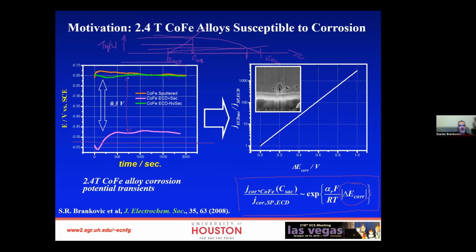What that really means is that the alloy will corrode much faster, or the ratio is much bigger, if this delta E corrosion, the difference between these two corrosion potentials, is much larger.